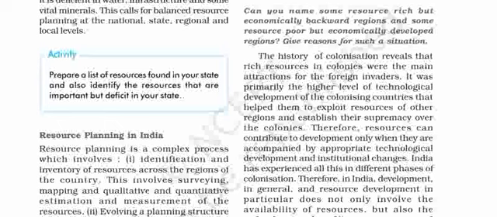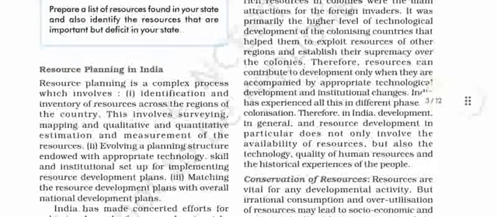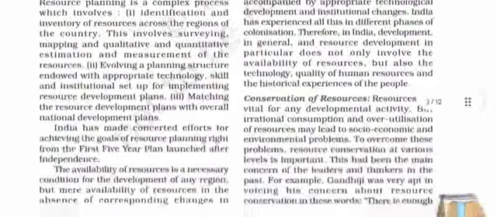Therefore, in India, development in general and resource development in particular does not only involve the availability of resources but also the technology, quality of human resources, and the historical experiences of the people.